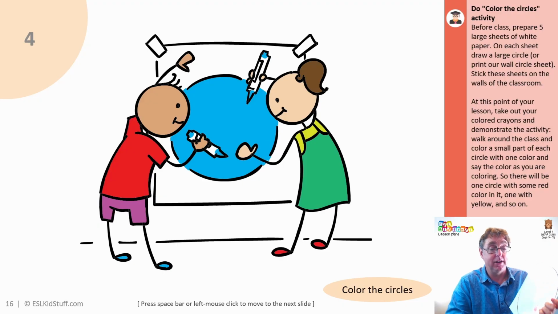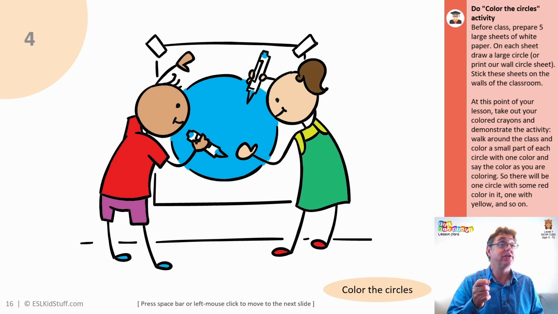That's done. Then take out another color. So here's blue. And walk over to another circle that's blank and color that in. Blue, blue. And keep going through the 5 circles, coloring in red, blue, green, purple and yellow.